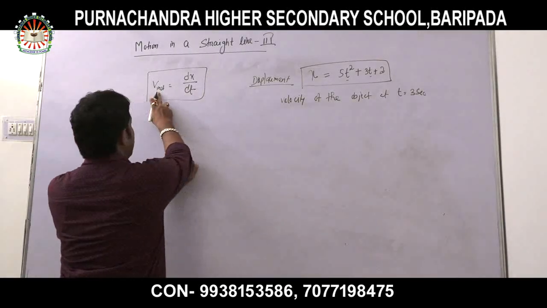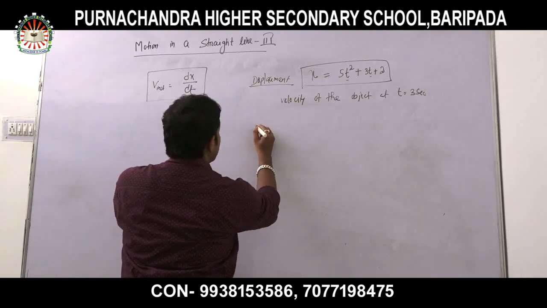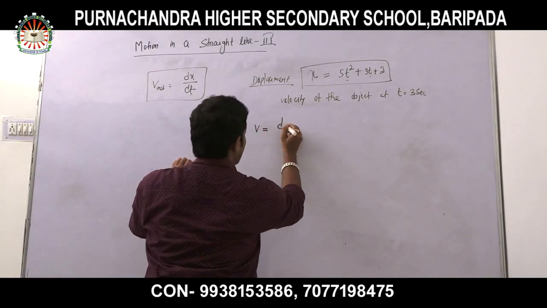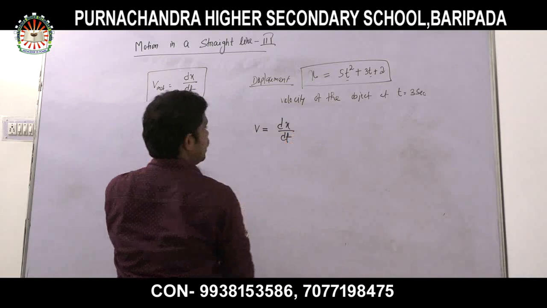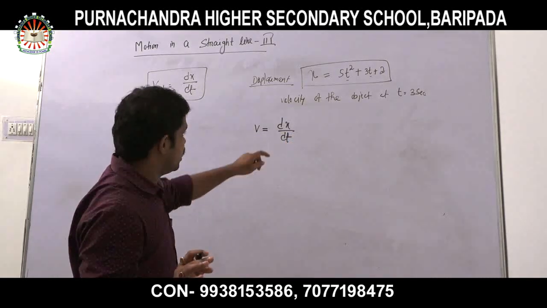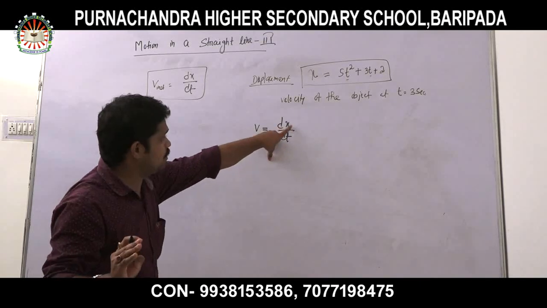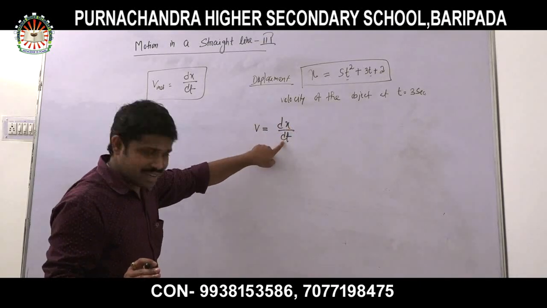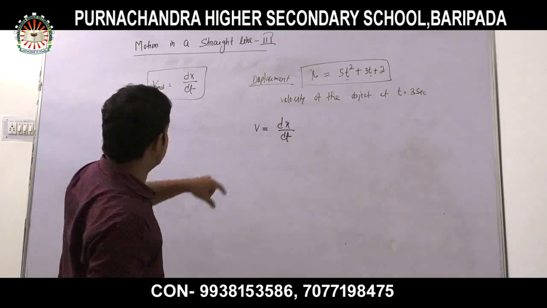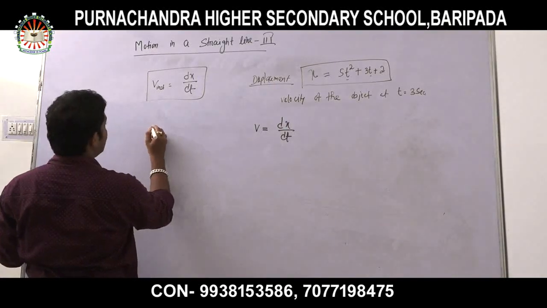So we know that velocity v is equal to dx by dt. So v is equal to dx divided by dt, and it is nothing but the derivative of x with respect to time. Again I will repeat, derivative of x with respect to time. So how to solve this type of function? Listen very carefully.